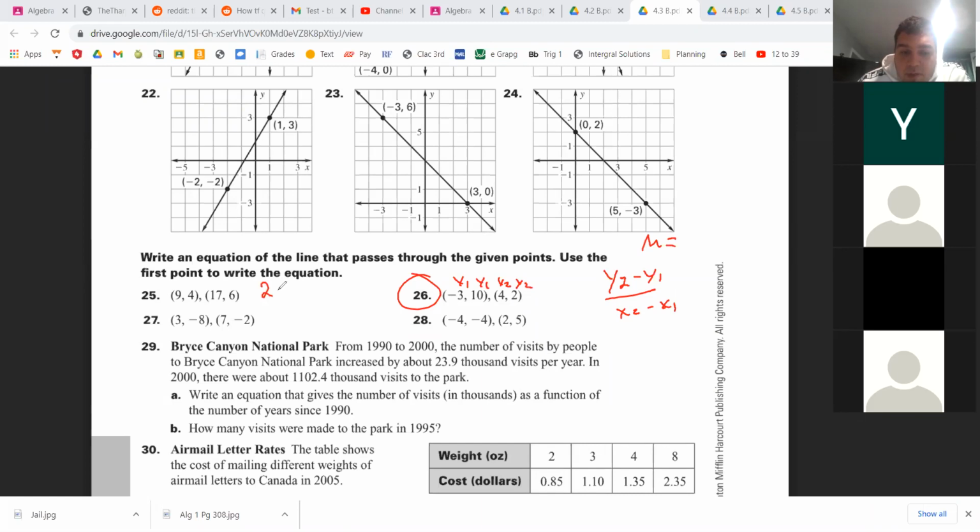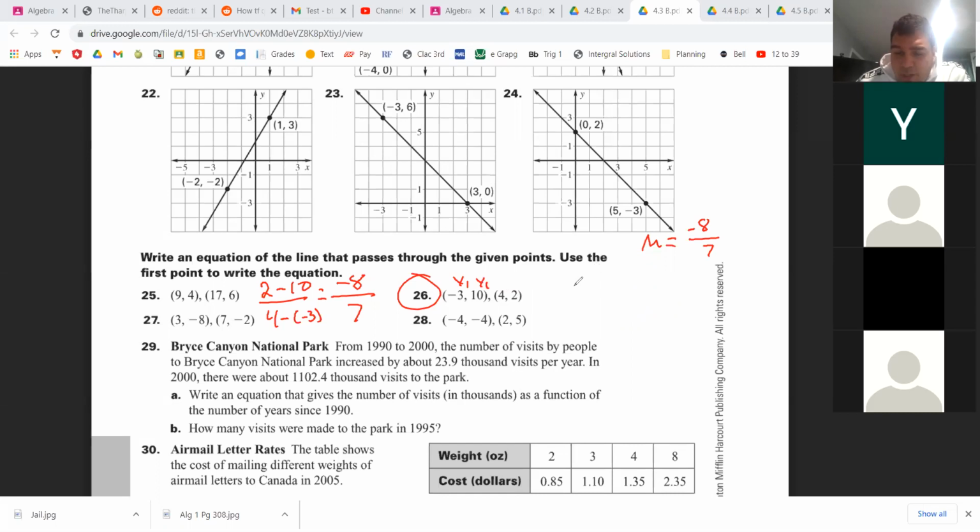So it's going to be 2 minus 10 over 4 minus negative 3. I end up with negative 8 over 7. That's fine though, because my m is just negative 8 over 7. Since I don't need to find b, I don't care if it's an ugly fraction like that, because all I have to do is plug in a point now.